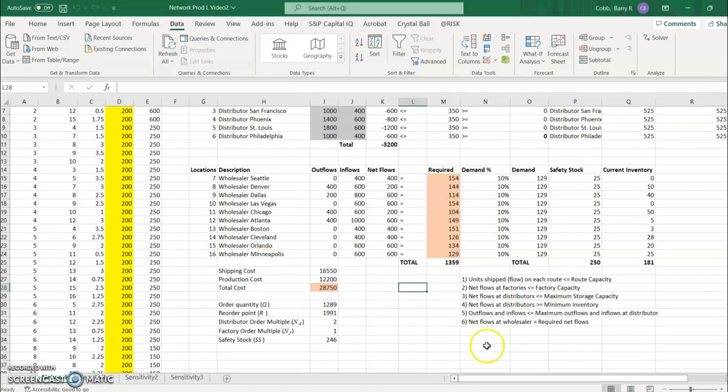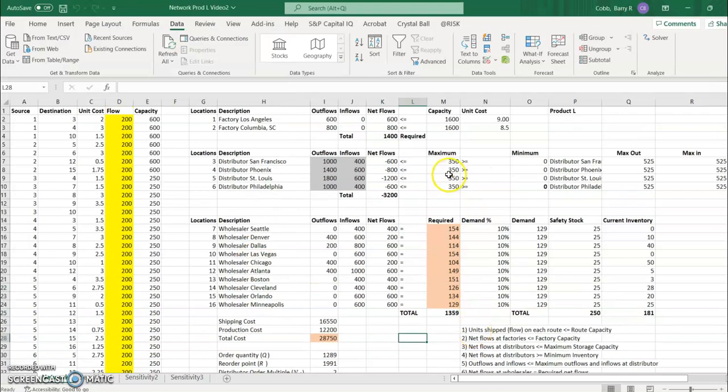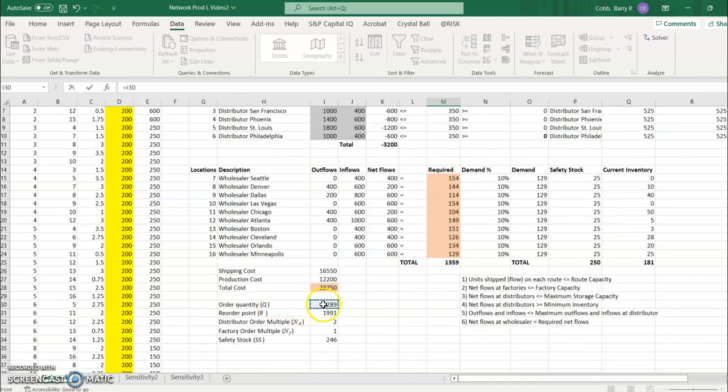Okay, and then the last constraint that we need to consider is just an overall balancing constraint. And we notice here that the factory should be producing an amount equivalent to the order quantity times the distributor order multiple times the factory order multiple. That is the factory's production quantity.